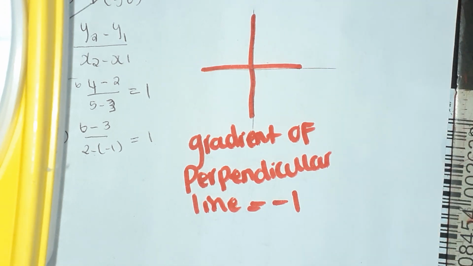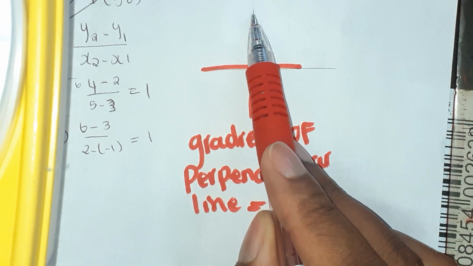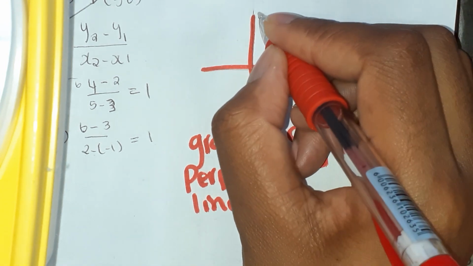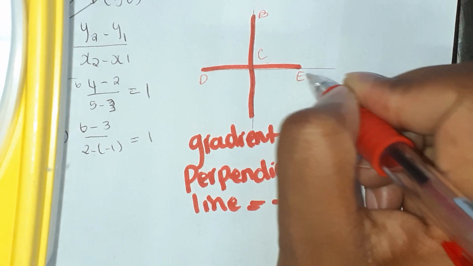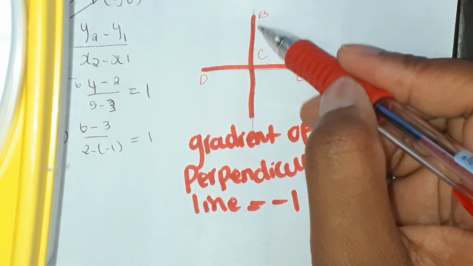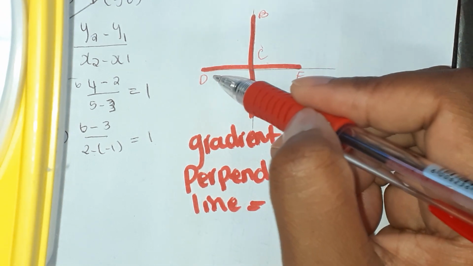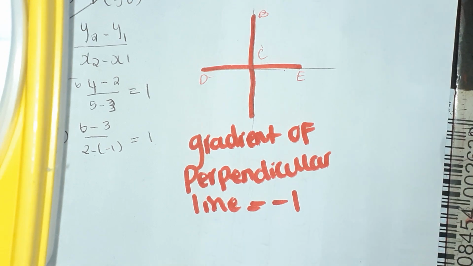Even in analytical geometry, in grade 11, those rules apply. So every time you have perpendicular lines, let's say this is BC and this is DE, the gradient of BC times the gradient of DE should give you -1.